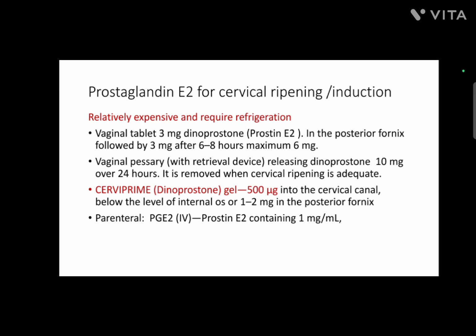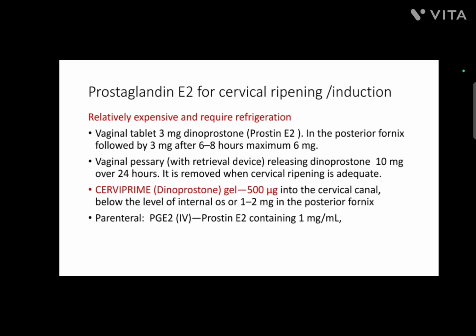If we are using tablets, we'll go with a 3 mg dosage, which we keep inside the posterior fornix, and every 6 to 8 hours you can repeat the dosage. Maximum you can go up to 6 mg, that means 2 tablets with an interval of 6 to 8 hours. Whenever you are using the vaginal pessary, you have to check the diagram.